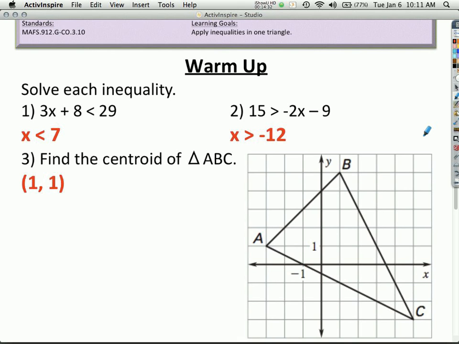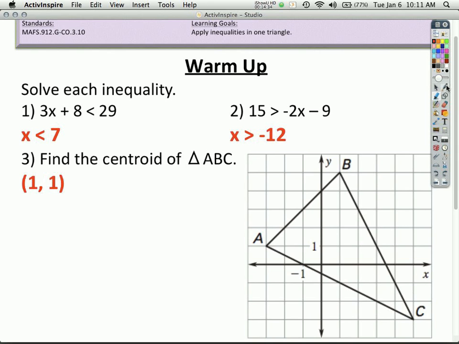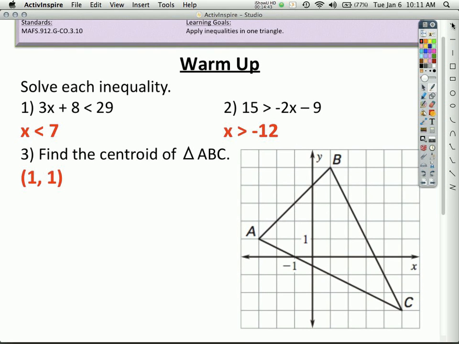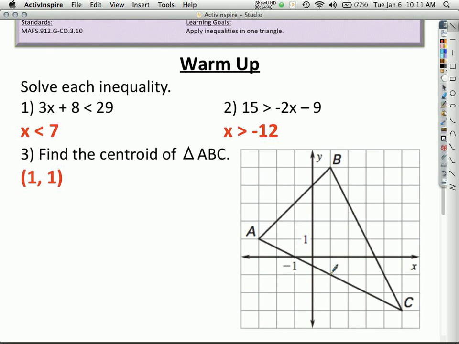A median, you may recall, goes from the midpoint of a segment to the vertex that's opposite it. So for example, we could go from here, which is the midpoint, to here, which is the vertex opposite it. That is a median.